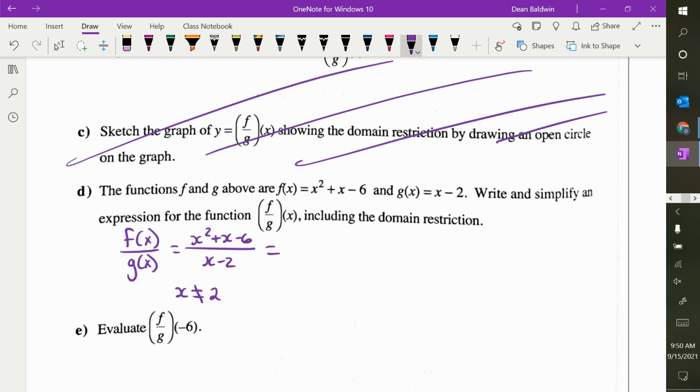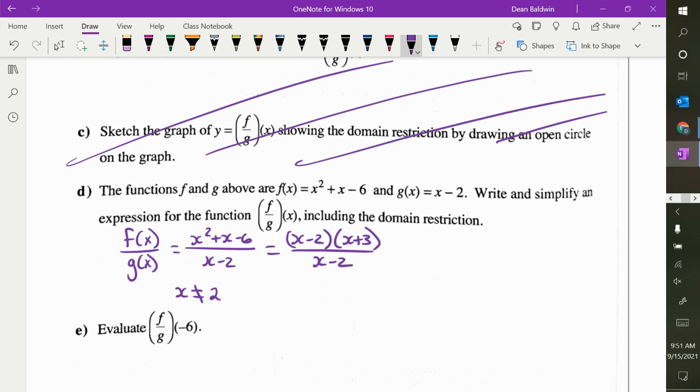All right, now we have to simplify this. What type of equation is that? It's a quadratic, which means you factor it. What multiplies to negative 6 and adds to 1? Negative 2 and 3. This is why you need to know how to factor, people, because you're going to have a question like this on your test.